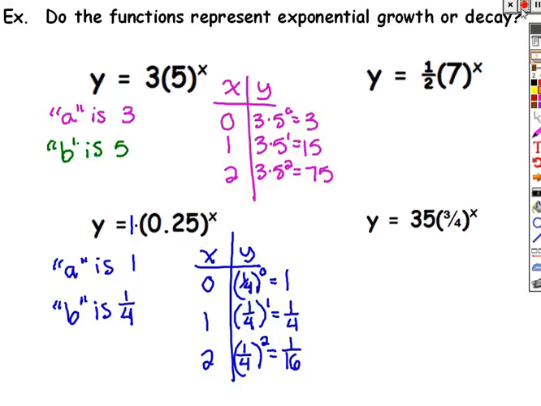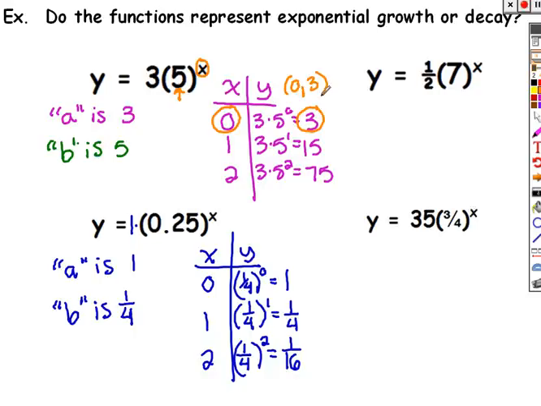So the first equation, y equals 3 times 5 to the x. This is an exponential function because x is in your exponent, and I'm multiplying by a positive number repeatedly. So that a value is 3. You can see that if you plug in 0 for x, you get out 3 for y. That would be your y-intercept.